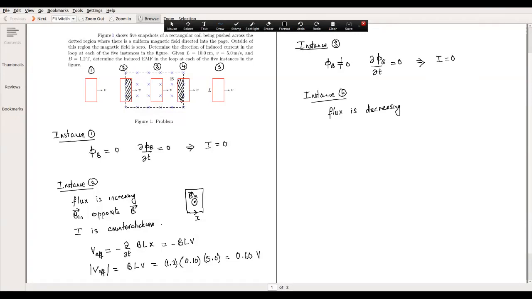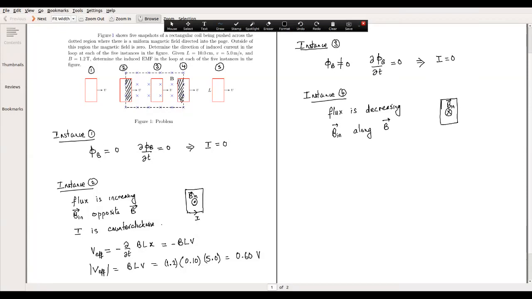If the flux is decreasing, then the induced magnetic field will be along the direction of the original B. So if this is the loop that we have, the induced magnetic field now will be into the page because the original B was into the page.